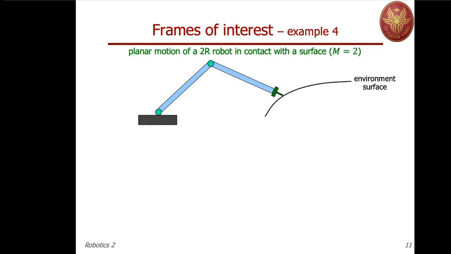In particular, the green block on the end effector represents a force torque sensor, which is now measuring only forces in the plane of motion. The contact is pointwise, so there could not be any momentum associated with that.